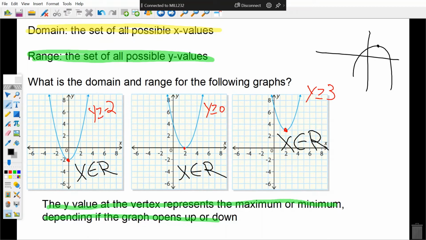If I had to give the range of this one, I would say y ≤ 2, because 2 is the highest value of this one, and the lowest value is infinite. It goes down forever. So you're looking for the minimum or maximum points for the range.